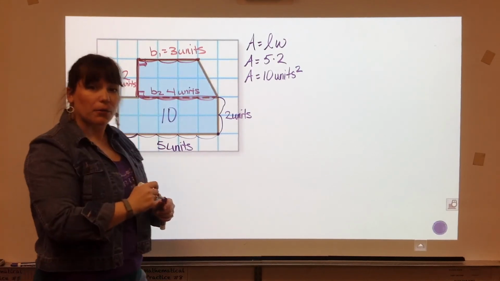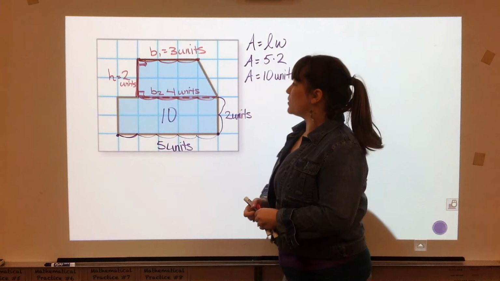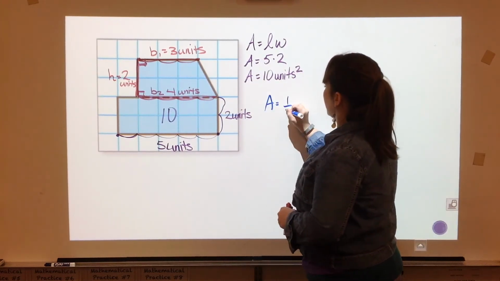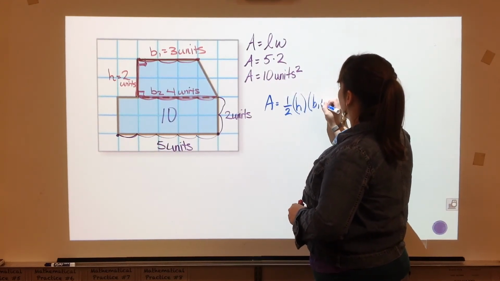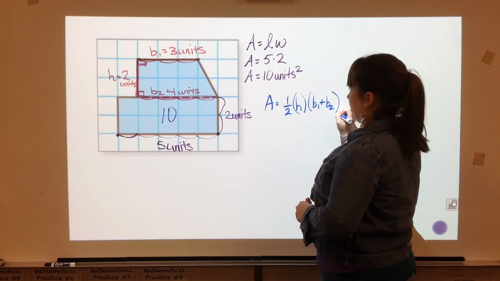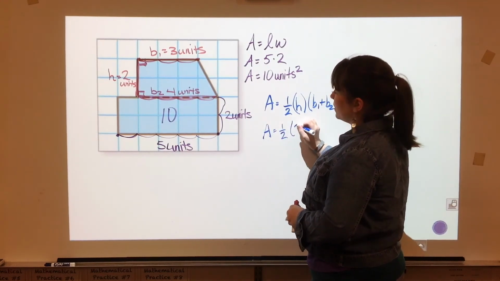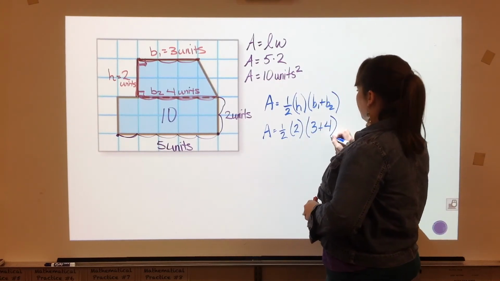Once we've figured out those numbers, we can come over and use our trapezoid formula. We're going to find the area by taking half of the height and multiplying it by the sum of the 2 bases. Now let's plug and plop. We have 1/2. The height is 2, and then our bases are 3 and 4.